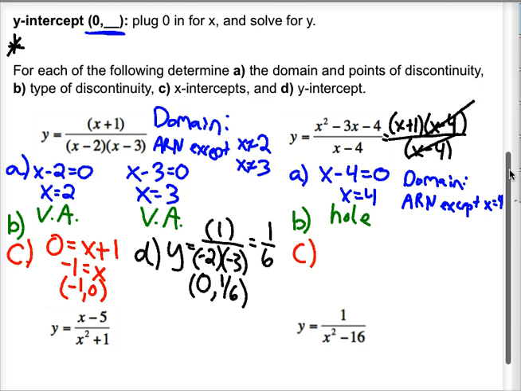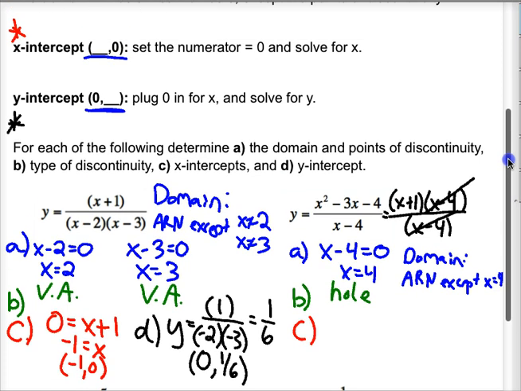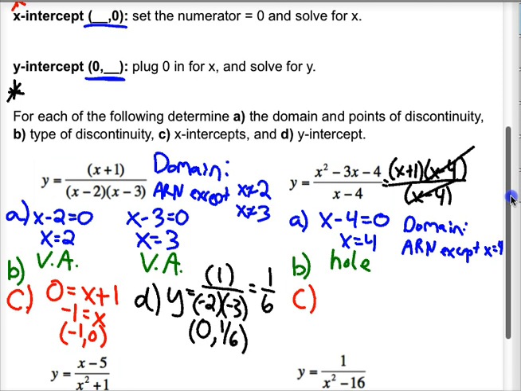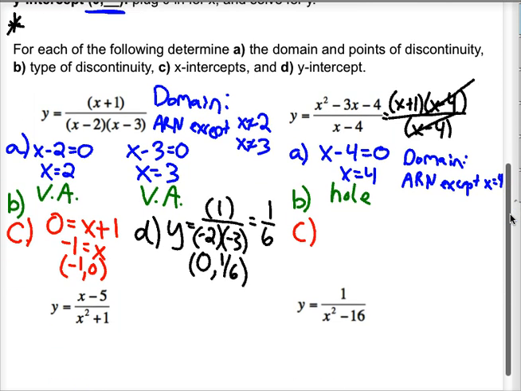Part C, the x-intercept. The x-intercept is where you set the numerator equal to 0 and you solve for x. Now, because we canceled off those pieces, when we're looking for x-intercepts, you actually don't include that value.